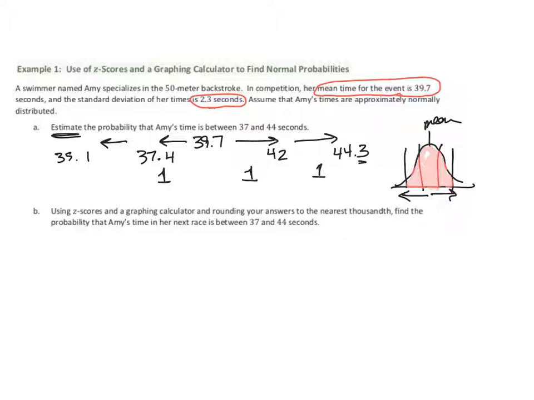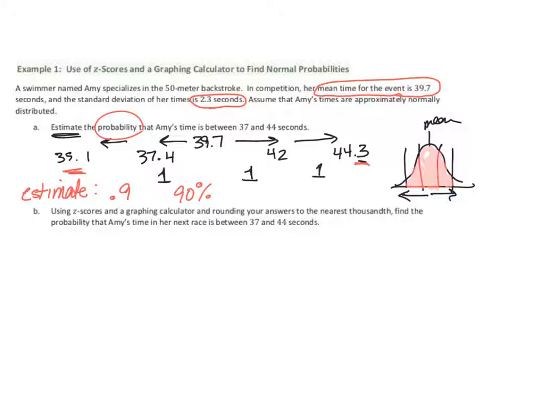I know I'm over a little bit here and under quite a bit here, but we can assume, being so close, that the probability is about 0.9 that Amy's time is going to be between these two, or 90%. Okay, this is an estimate, an approximation, which I know we love.